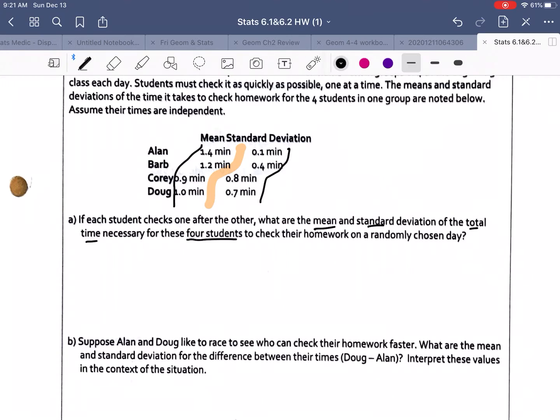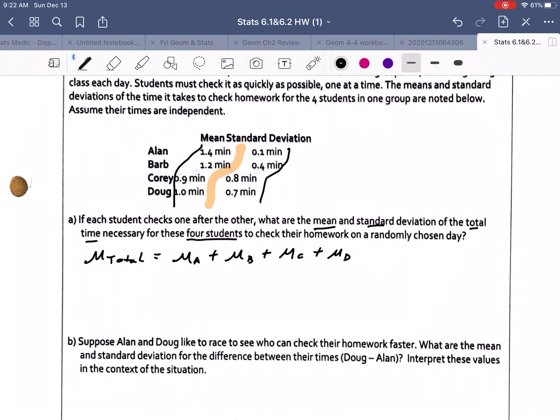So let's say they all did, and this is helping us. So based on what we just found out, the total should just be adding them up because that should make sense, right? So we can add, right? So whatever the average for Alan and the average for Barb and the average for Corey and the average for Doug, we should be able to add them up.